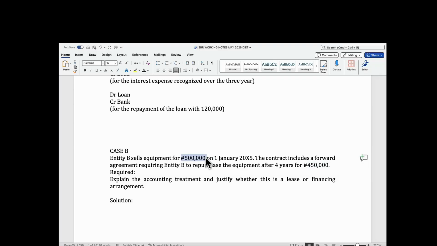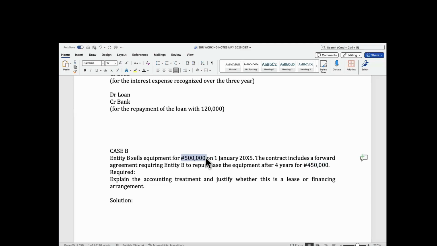You collected 500. After 4 years, you are only going to pay back 450, right? So effectively, it's like you have made 50,000. So that 50,000 is your real income. So you can recognize income in that case.